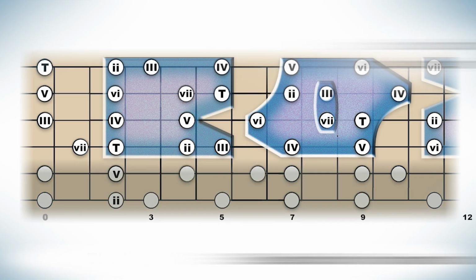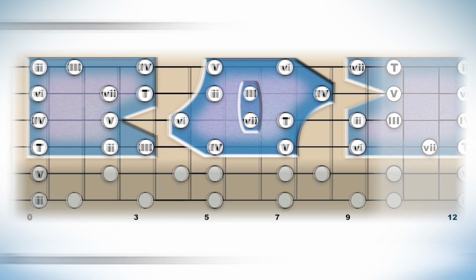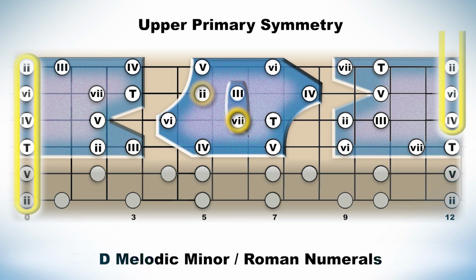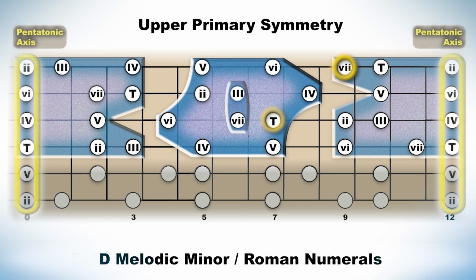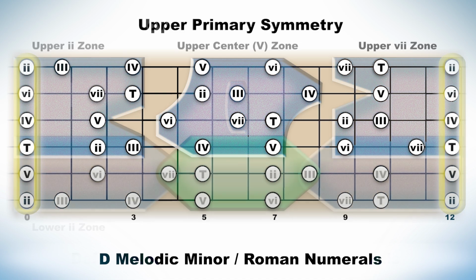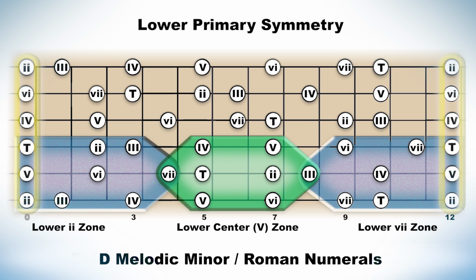The upper strings reveal yet another symmetrical array. We've changed keys yet again. In the key of D minor, the 2nd degree axis is at the open strings and the 12th fret, bordering the symmetry.